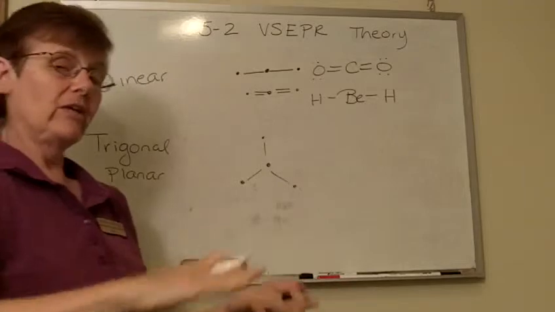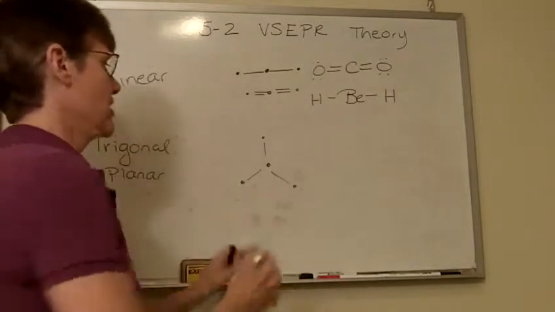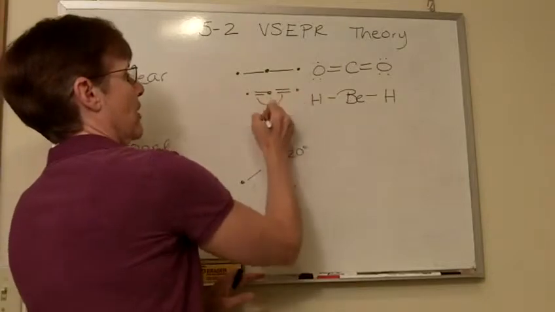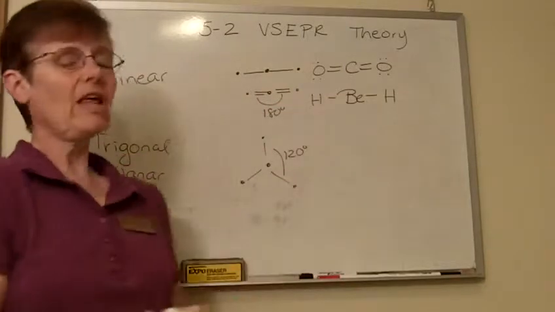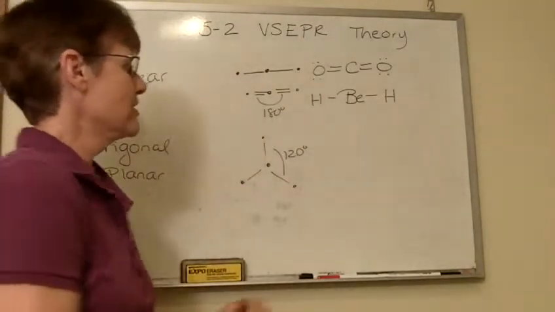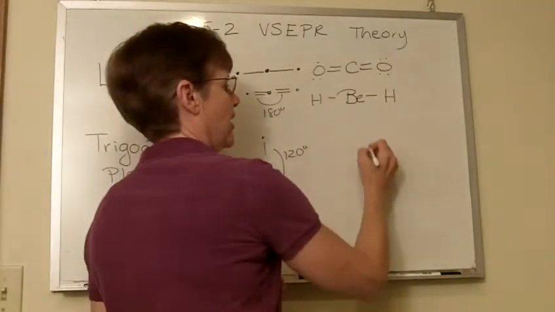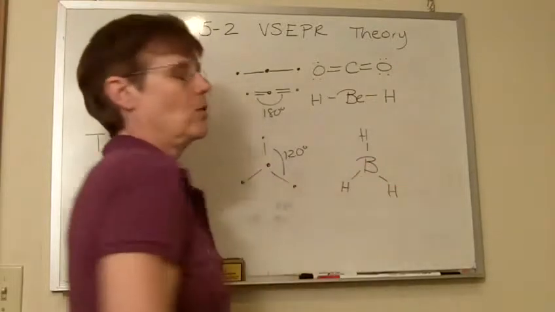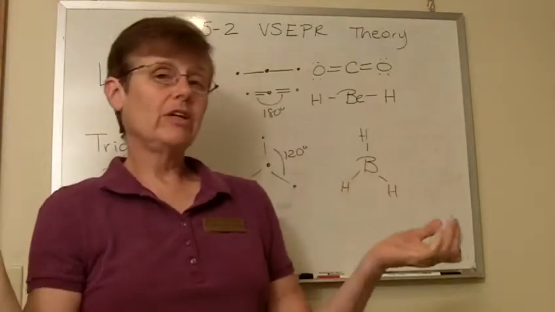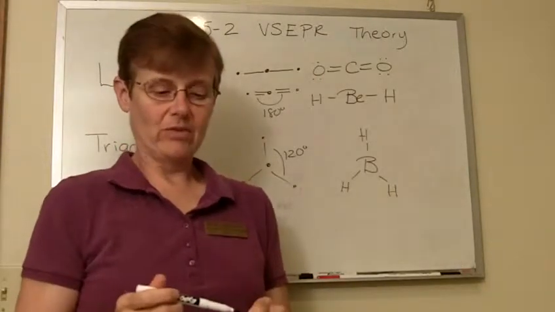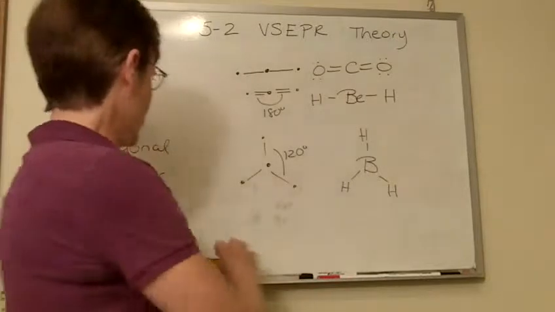And that's going to be planar, all in one plane, and they're going to be separated by about 120 degrees, where this would be like 180 degrees. And if you remember your geometry, you won't have any trouble with those two anyway. So this is going to happen when boron, let's say, bonds to hydrogen, or it could bond to fluorine or chlorine or some combination of those, but anyway, boron's going to have 3 electron clouds around it.